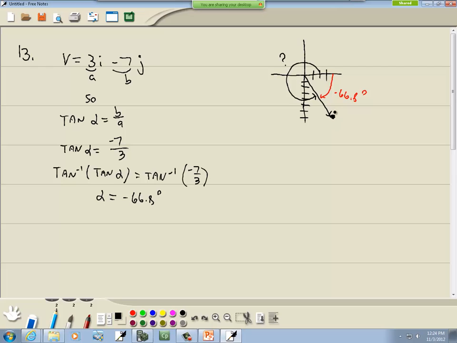So, since we came up with a negative angle here, what we're going to do is we're going to add 360. Because we want this right here. I mean, this isn't the correct position. We just need to have this between 0 and 360. So we add 360, and that goes all the way around, and we're back to where we were. Let me go over here.